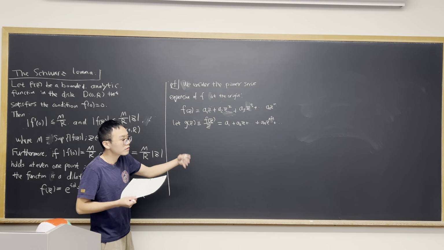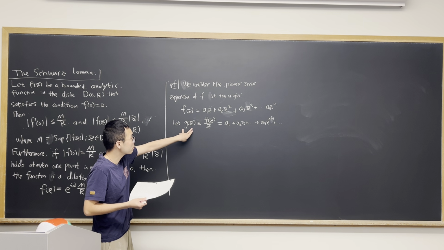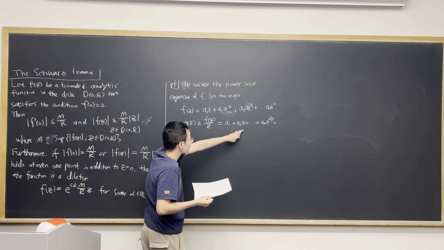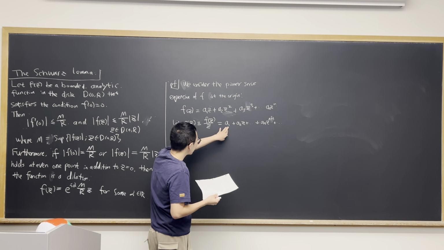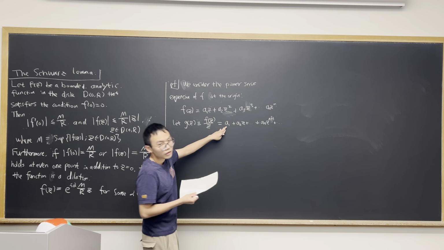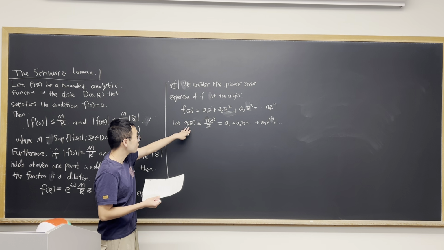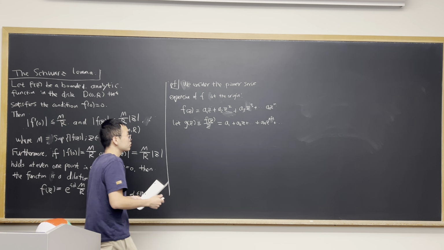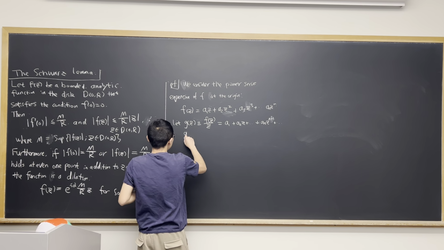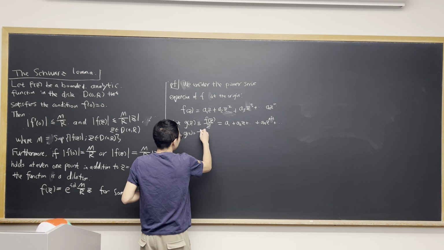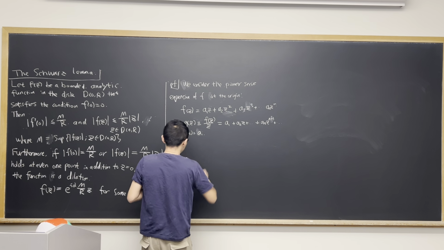So we just extend g of z by whatever this value a1 is, so g of 0 is just a1.